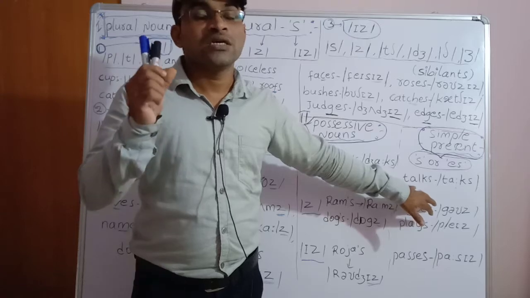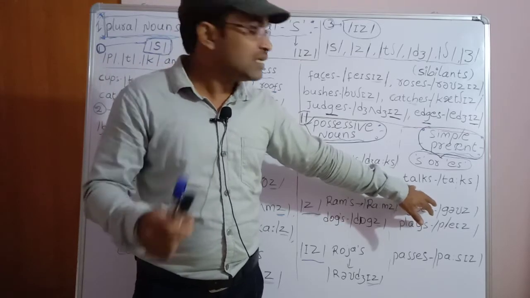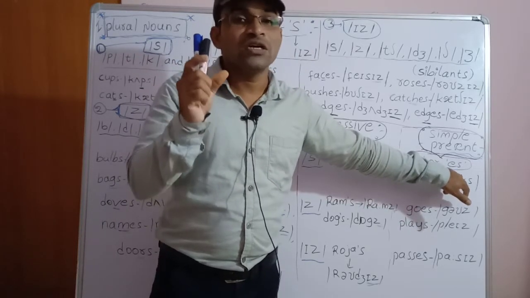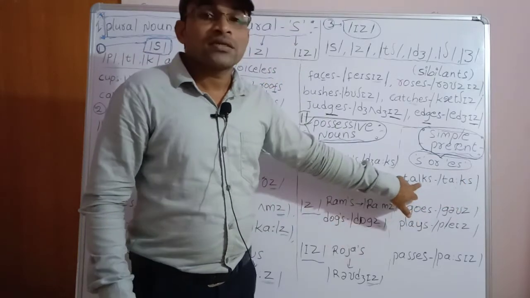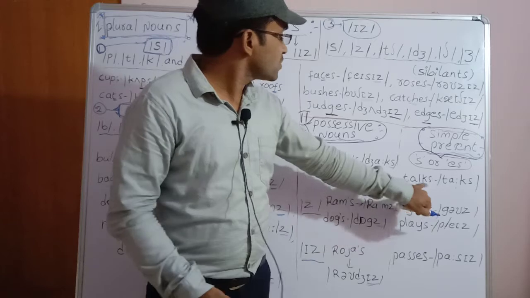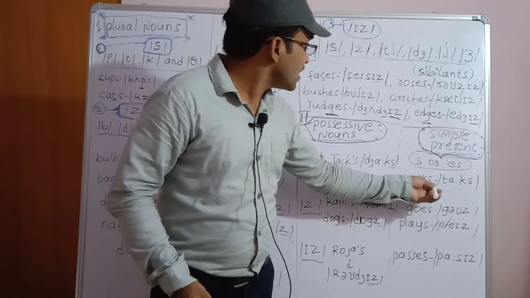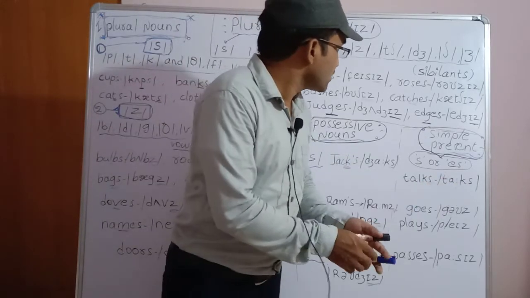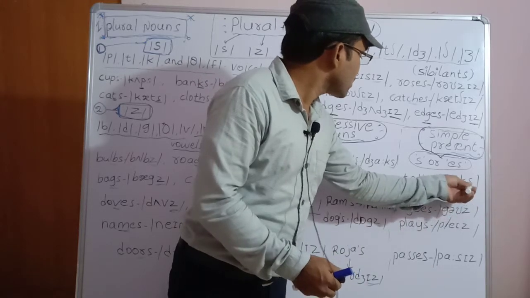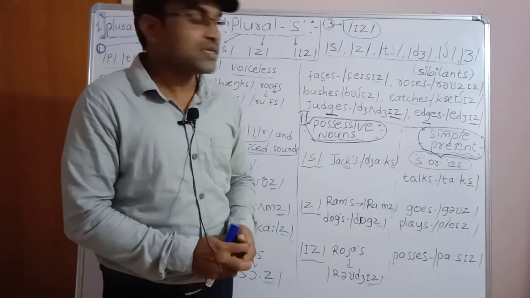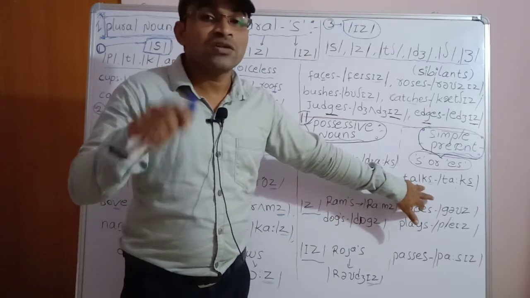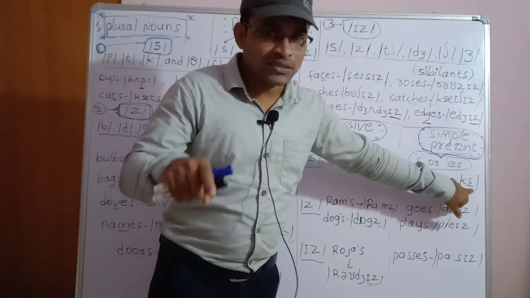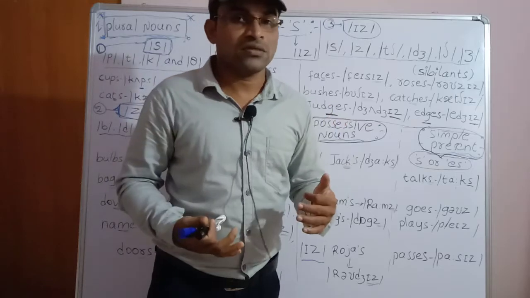Talk. Here we add s. Talks. The sound is sa, because the last sound of the verb is ka. So it sounds like sa. Talks. Walks.